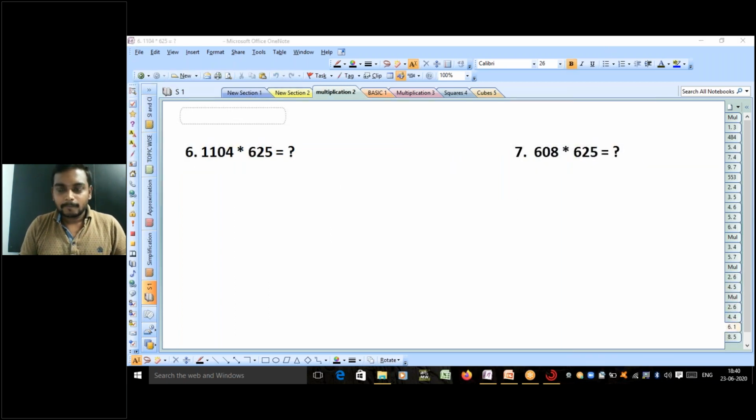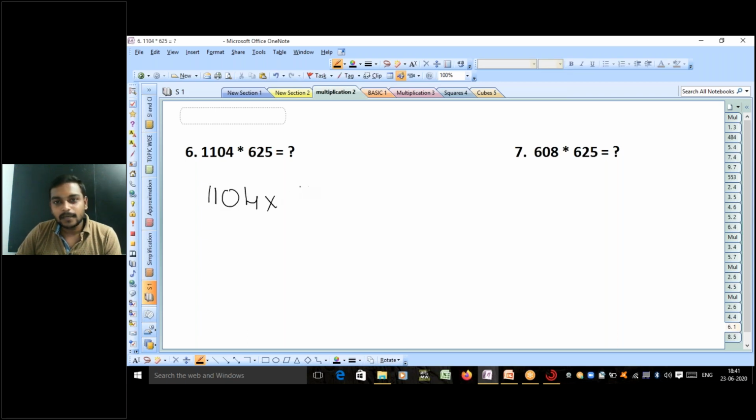Okay, next one. We have a number 1104 multiply with 625. 625 is nothing but 10,000 divided throughout by 16.